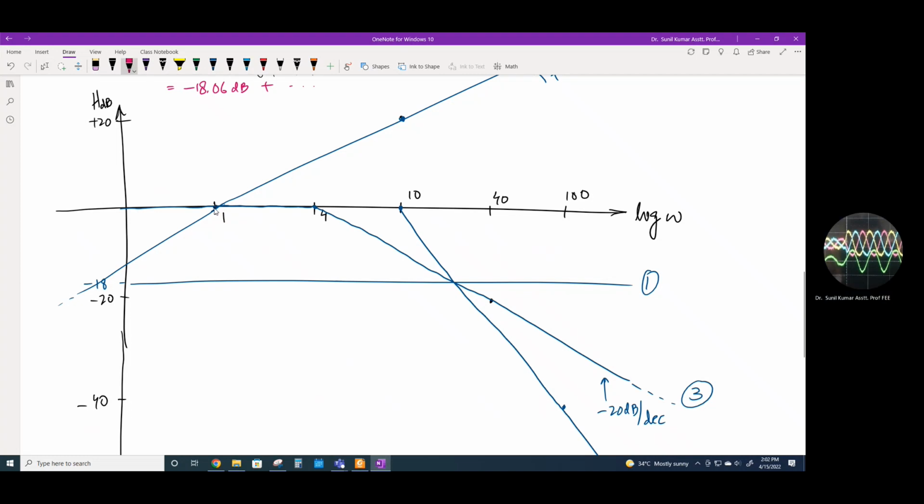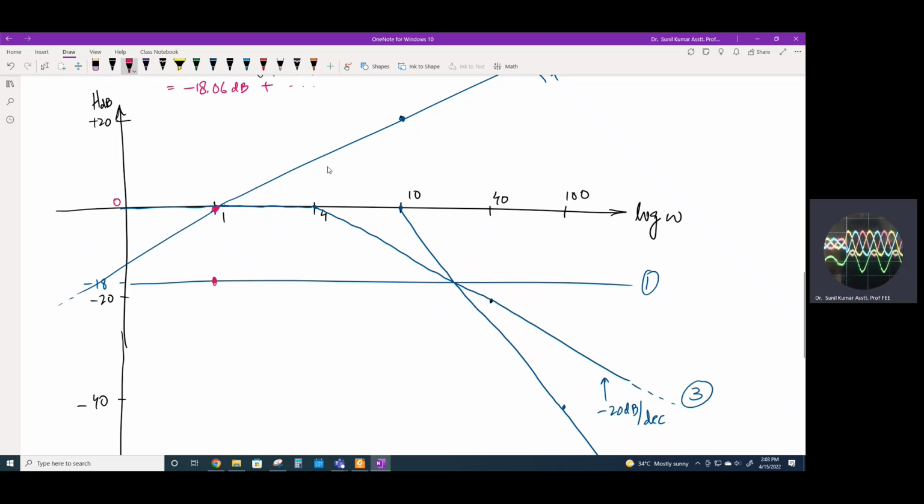Again, we start with the zero crossing of line number 2, and at this point the value of h is 0. This is 0 dB, and for line number 1 its value is minus 18. So the resultant will be at minus 18 dBs.